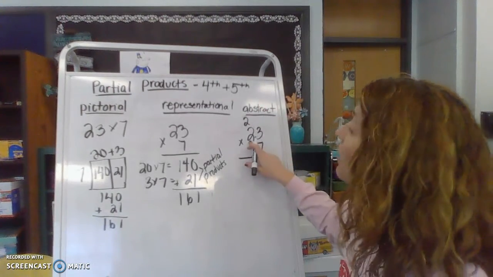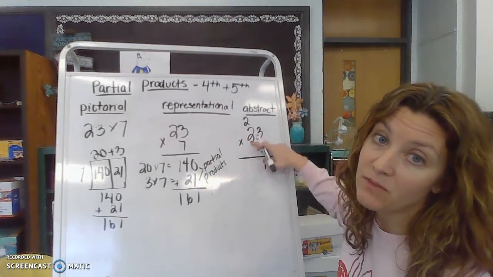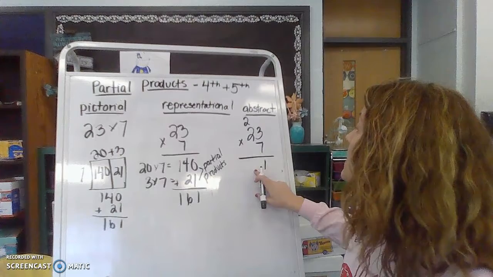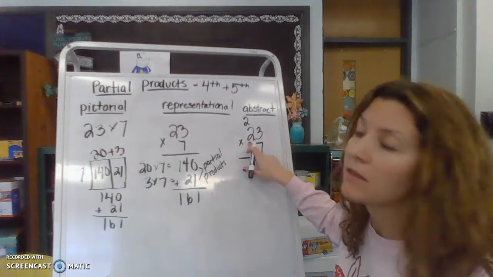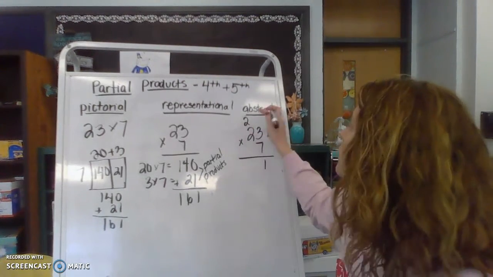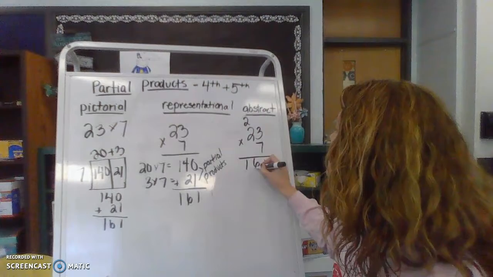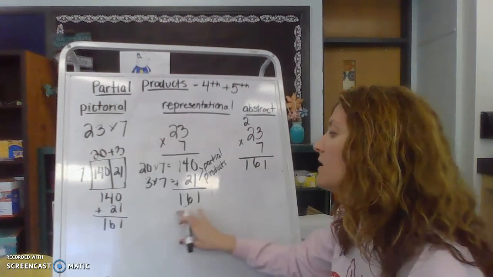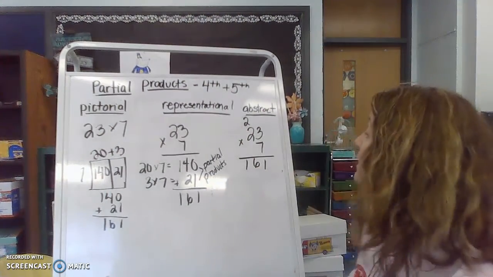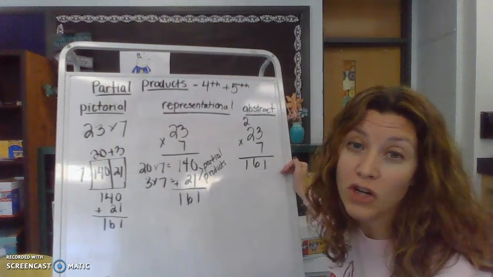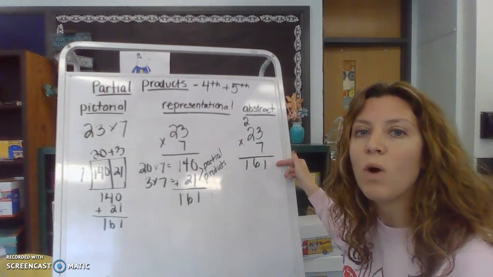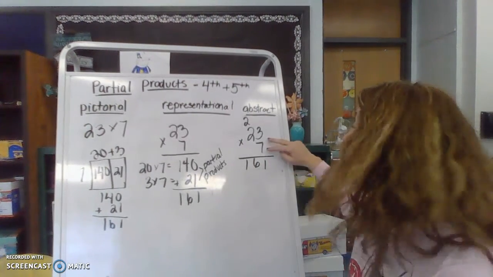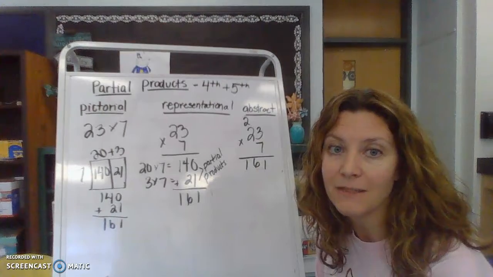And then we're really multiplying by the tens place, but because we're recording that number in the tens place, we really say 2 times 7 to get 14, plus 2 more tens to get 16. And so we would get the answer of 161, which matches the other way. When students are ready to move to the traditional method, they understand that 161 is really comprised of multiplying by the ones and multiplying by the tens.